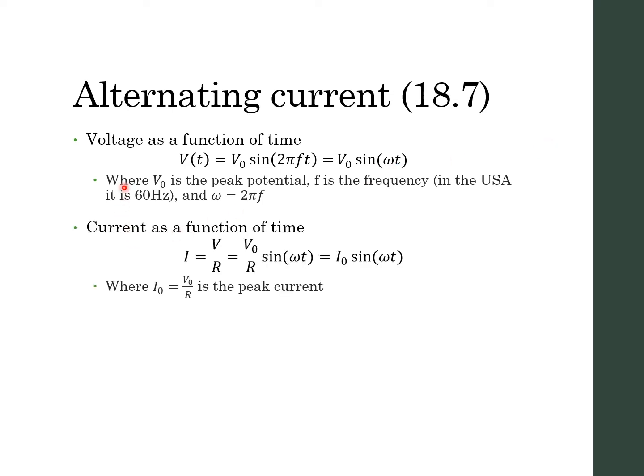So if our voltage is given by this equation, we can use Ohm's law to write out, instead of voltage as a function of time, the current as a function of time, where the current goes back and forth as our peak current times sine of 2 pi f times time, or omega times time.